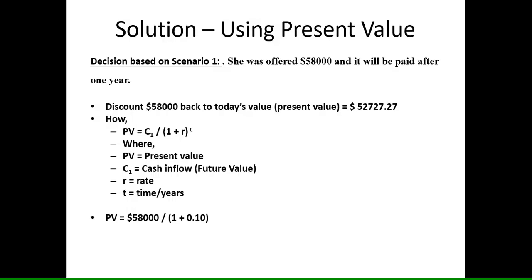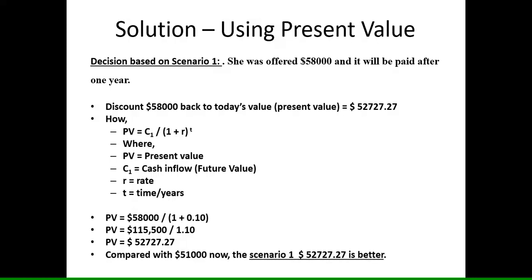For year 1, the power of 1 does not make any difference. So let's see the results. The present value is $52,727.27. Means that the current value of this 58,000 future value is 52,727.27.